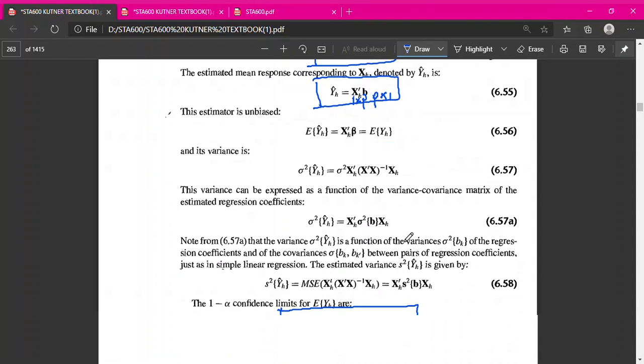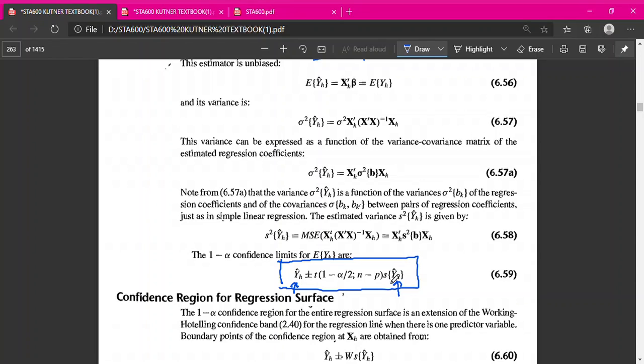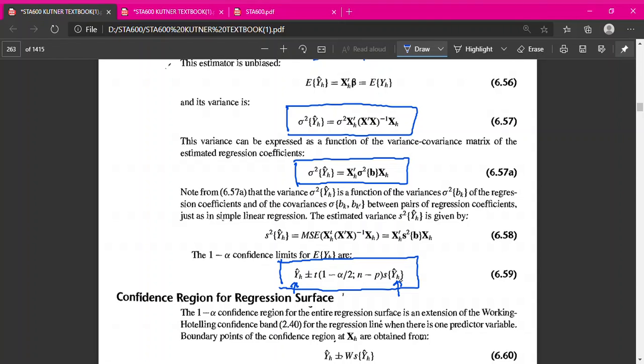Okay, so lagi satu nak dapatkan standard deviation for the mean response. Okay, we have these two formula. Okay, remember, sama dengan SLR. Okay, if you have the variance-covariance matrix, you can use this formula. If not, you can use this formula pun boleh. Okay, untuk estimate the sigma square, we use the S square.